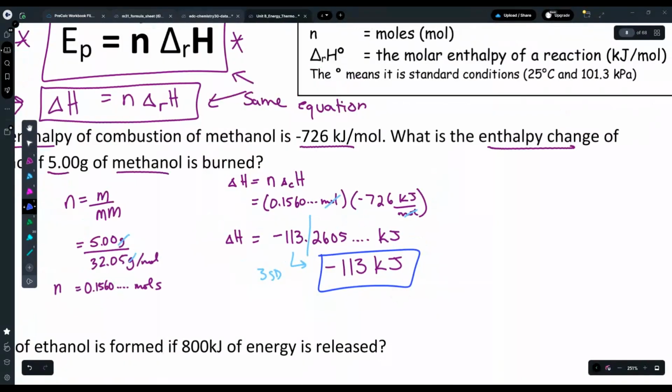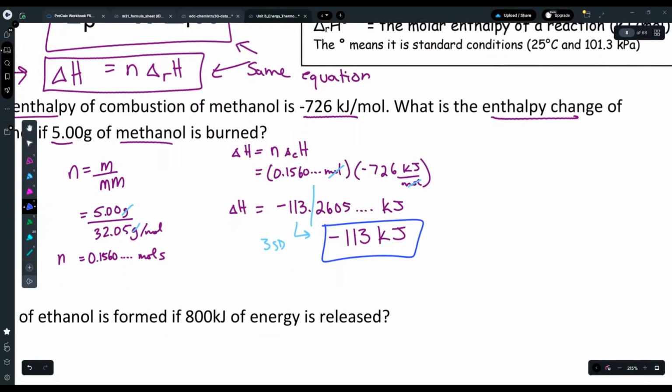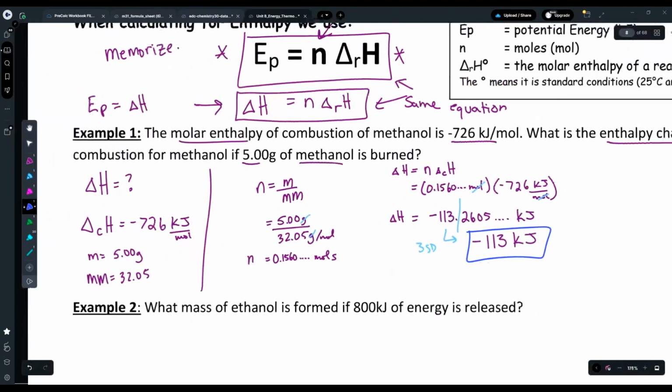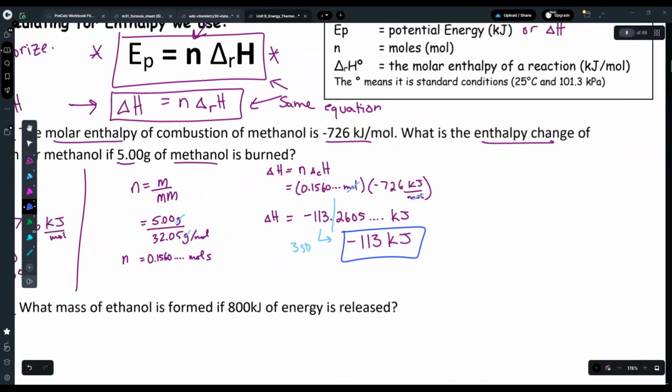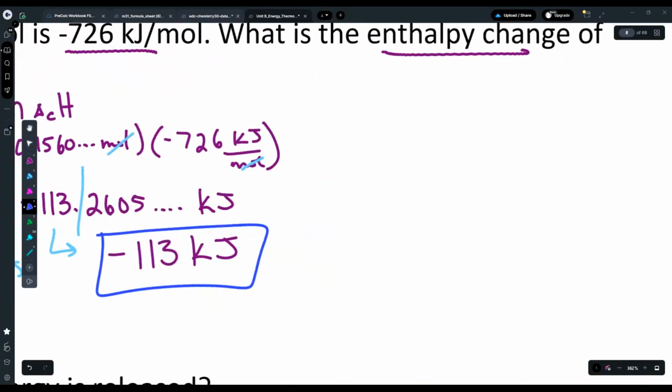Okay, so what does this mean? Negative 113 kilojoules means that when 5 grams of methanol is burned, this reaction is releasing 113 kilojoules of energy. So it is important that you understand what exactly the numbers that you are calculating mean.